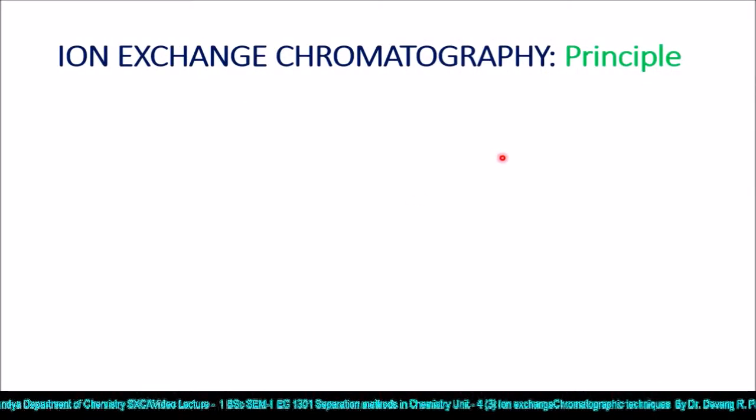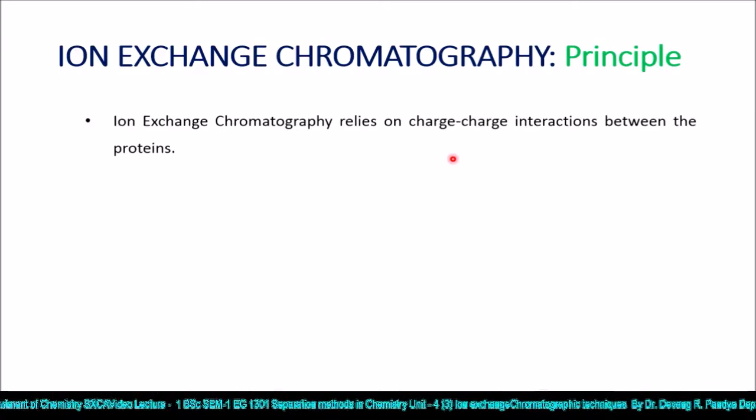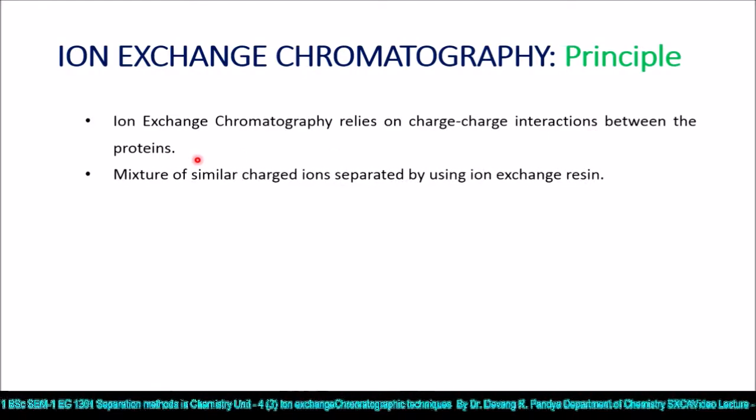Now, the principle of ion exchange chromatography. Ion exchange chromatography relies on charge-charge interactions between the proteins. A mixture of similarly charged ions is separated by using an ion exchange reagent.